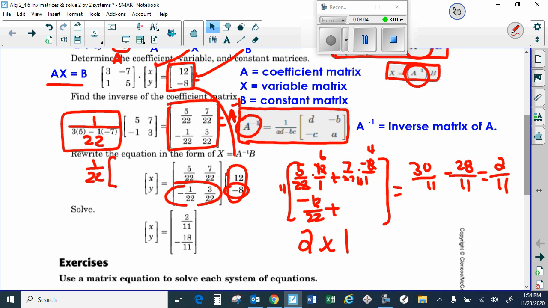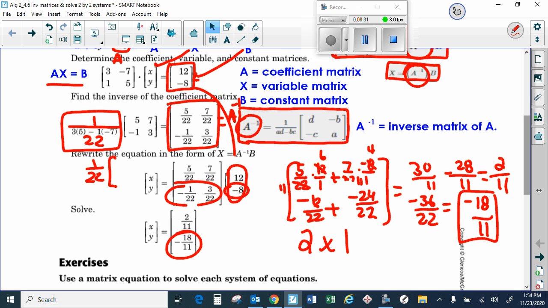Negative 8 over 1 times 3/20 is negative 24/20. I already have a common denominator, so I have negative 12/20 and negative 24/20 is negative 36/20. Divide each of those by 2 and you get negative 18/11, which is what this answer is right here. The x coordinate is the top one, the y coordinate is the bottom one.